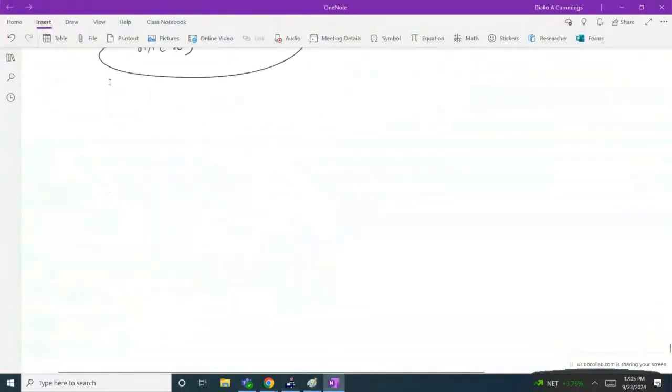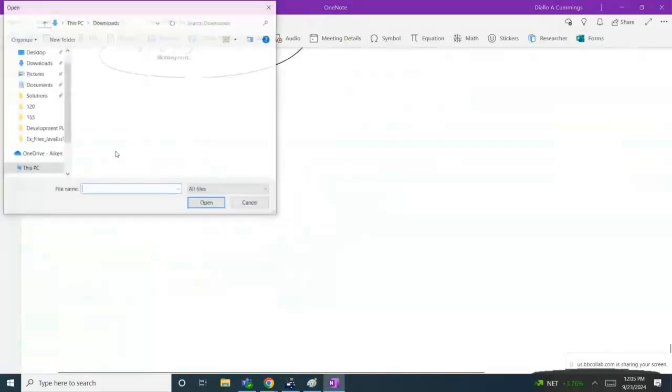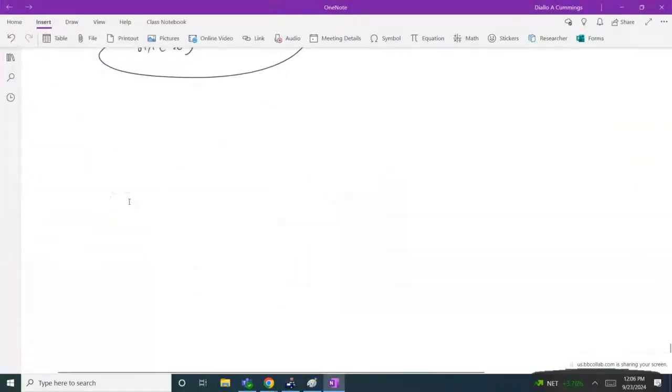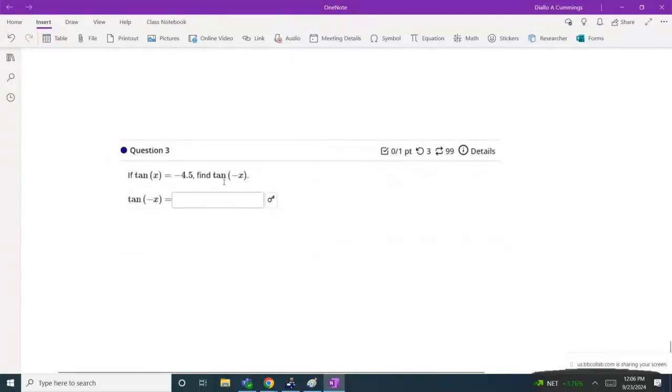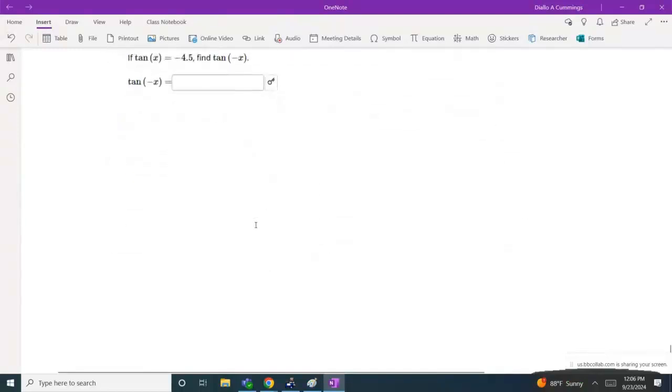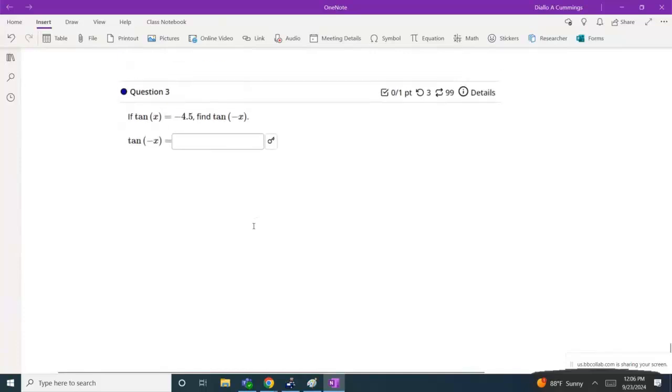So I'm going to just bring this over so I can write on it. And we're going to basically do the same thing, right? They want us to find the tangent of negative x. So I'm just going to write out that formula. The tangent of negative x is equal to negative times the tangent of positive x.